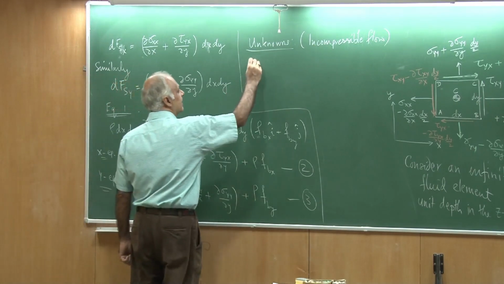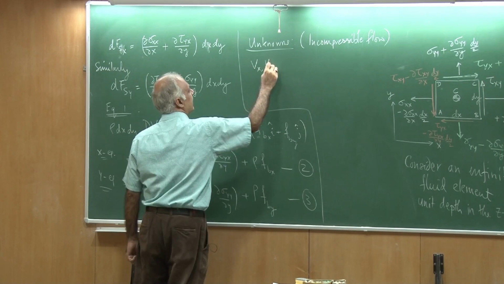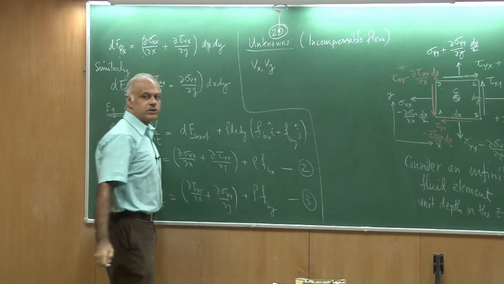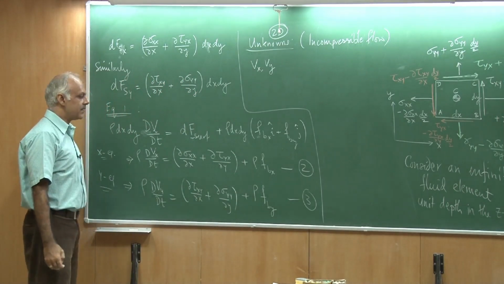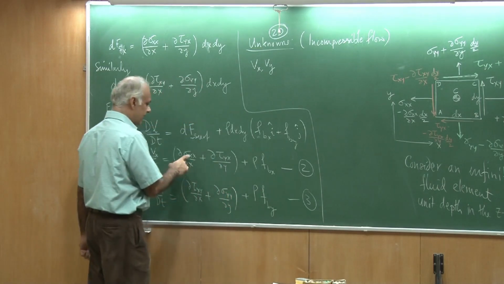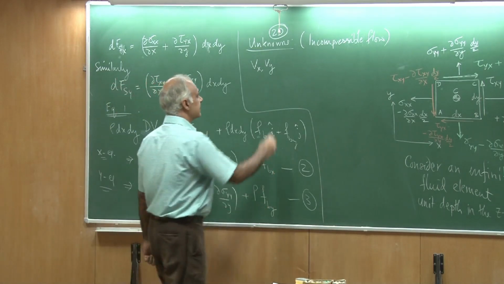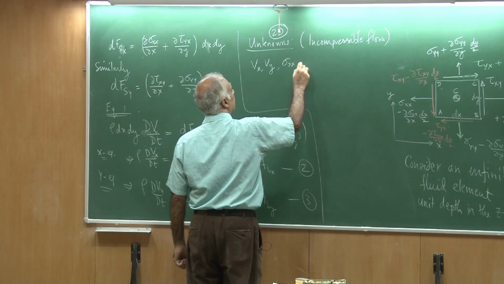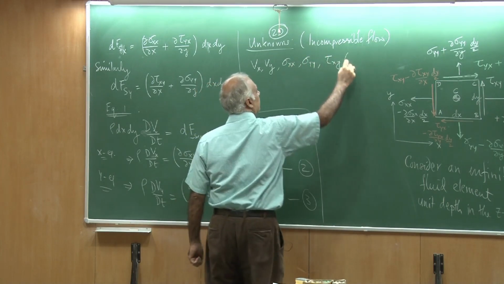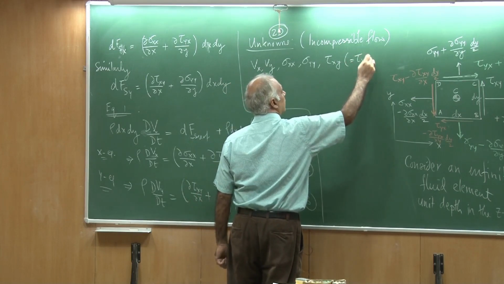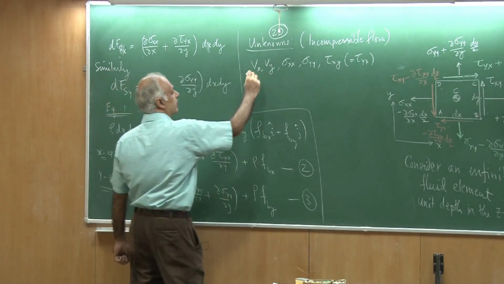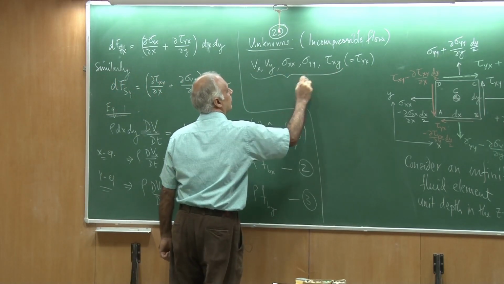My unknowns are, of course, Vx and Vy, and I am only talking about 2 dimensions. So Vx and Vy are certainly unknowns, and then I have sigma xx, sigma yy, and tau xy, which is equal to tau yx, so I will count this as only one unknown. So we are talking about 5 unknowns.